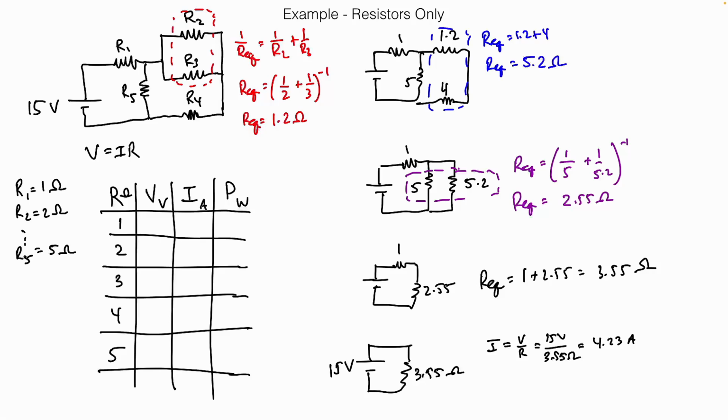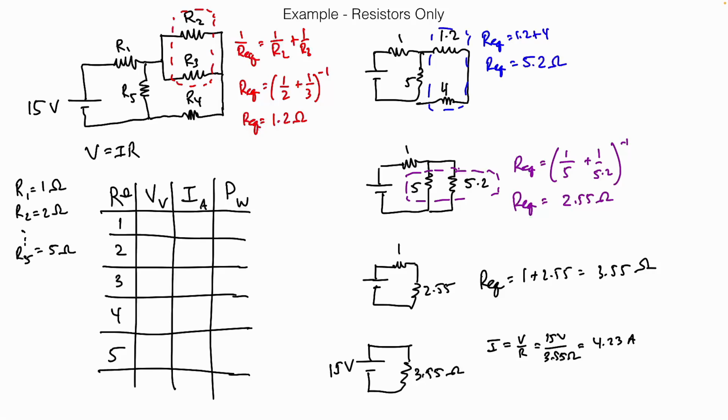Okay, so that current right there is the current that is coming out of the battery. How do I know that? In this simplest form of the circuit, I have two elements, and they are in series with each other. The battery is in series with this resistor.